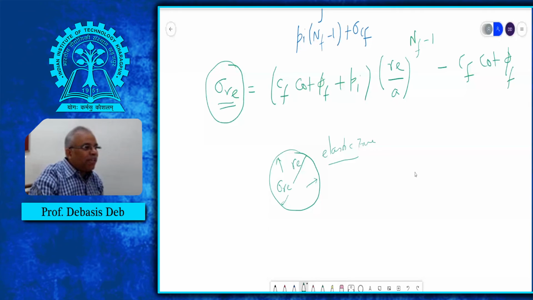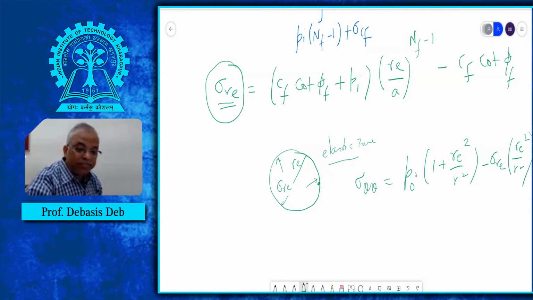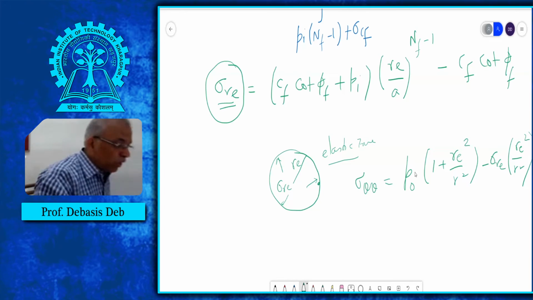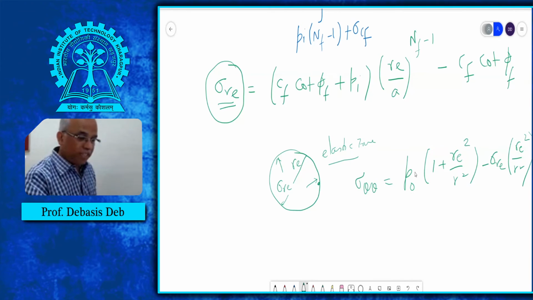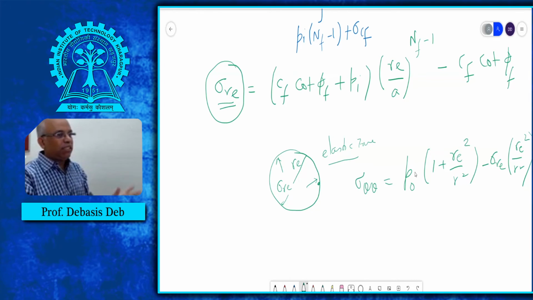So can I apply the Kirsch solution? Yes, I can. So right at the boundary, if I want to find what will be the sigma theta value, you know this: 1 plus RE square by R square, minus sigma RE square by R square. If you do the Kirsch solution, applying sigma RE as your Pi, I showed you with the internal pressure what is the Kirsch solution.